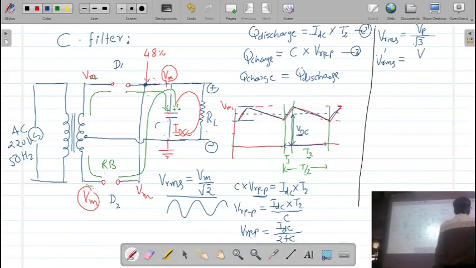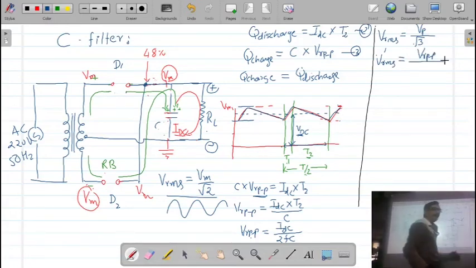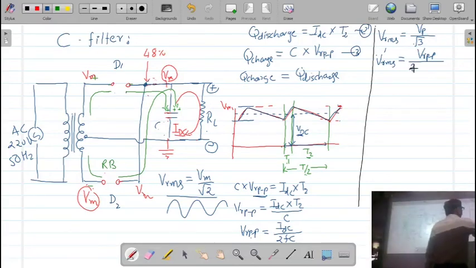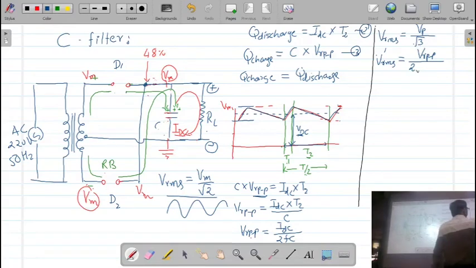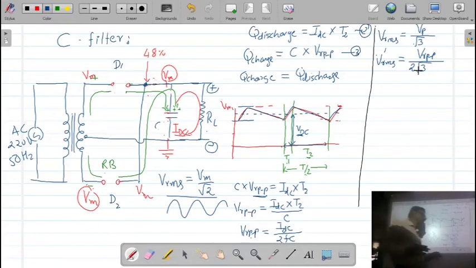Remember, we have peak to peak. First of all, it is converted into a peak value, and therefore I have to divide by 2. Then I have to convert into RMS value, so we have to divide by root 3. So V dash RMS is given by VR peak to peak divided by 2 root 3.